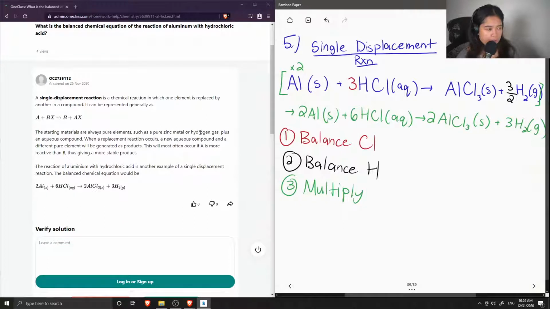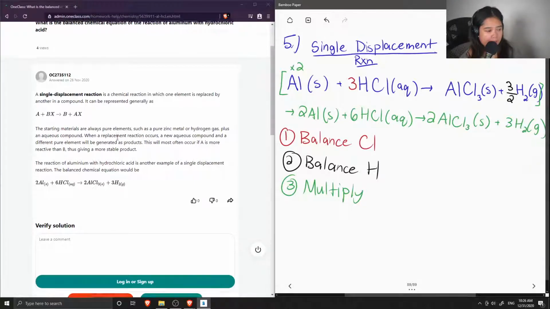Okay, so the junior tutor said that a single displacement reaction is a chemical reaction in which one element is replaced by another in a compound. It can be represented generally as A plus BX produces B plus AX. The starting materials are always pure elements, such as pure zinc metal or hydrogen gas plus an aqueous compound.